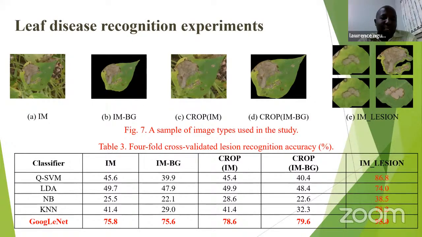We also demonstrate here that the deep learning model has a superior recognition accuracy compared to the other shallow classifiers: the quadratic support vector machine, the linear discriminant analysis, the naive Bayes, or k-nearest neighbors. So this demonstrated that lesion classification gives us better accuracy for disease recognition.